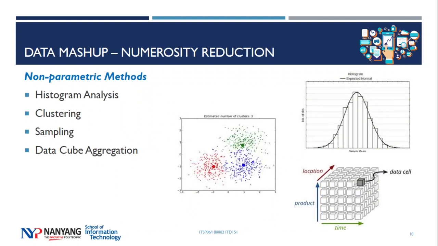In terms of non-parametric analysis, we have the histogram. In the histogram, what we do is assign the points into different ranges.